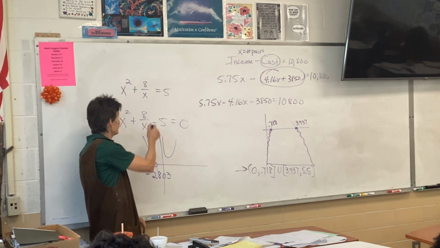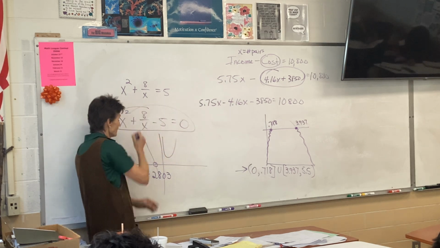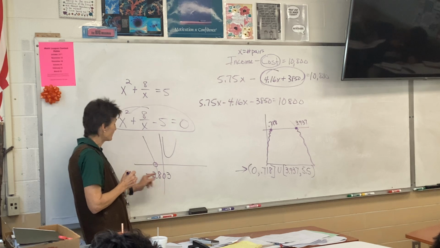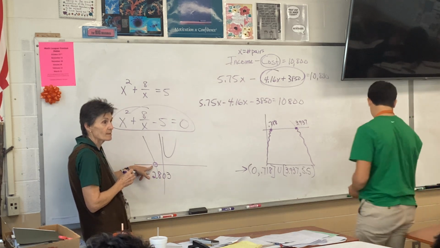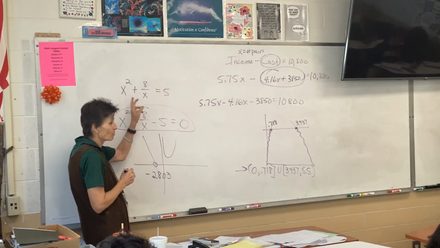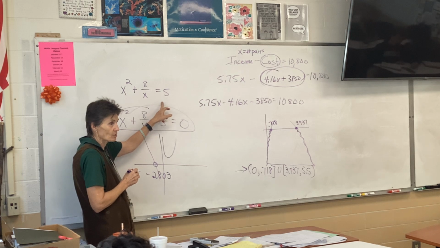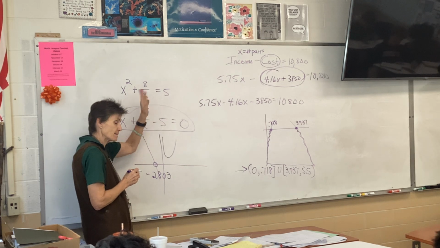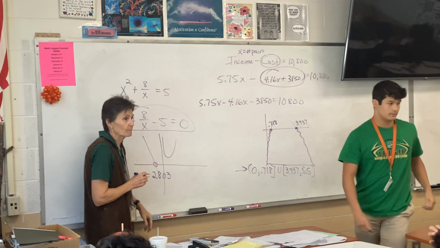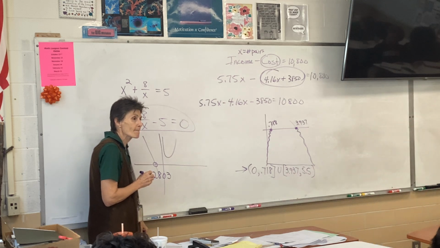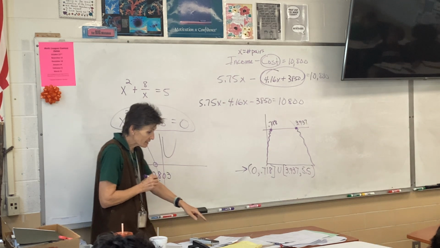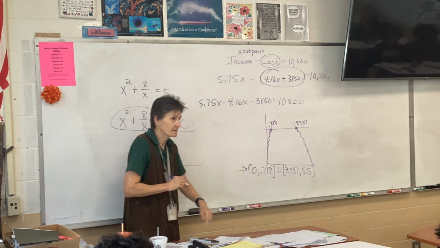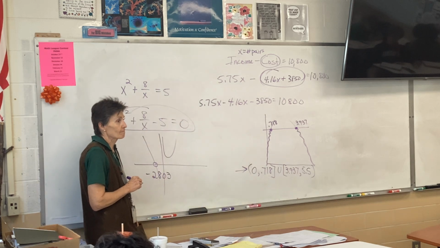This is how I did it. My picture looked like that, and I was looking for the x-intercept. Did anybody graph them separately and do the intersection? No? Okay, it's up to you completely. And if we have a question like this on the test, we'll have a calculator for it. Everything from 7 on is calculated. Okay?